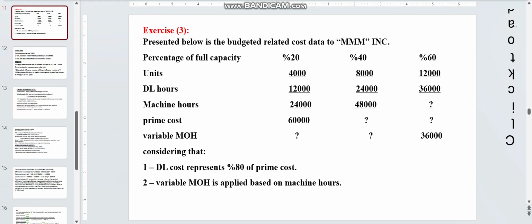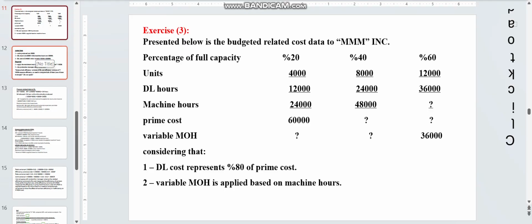It's 80% of prime cost, so 60,000 times 80%, it's 48,000. So we have direct labor cost based on the budget, 48,000 under 12,000 hours.